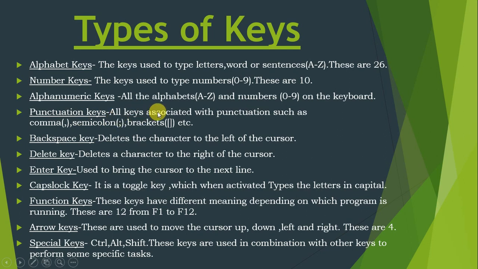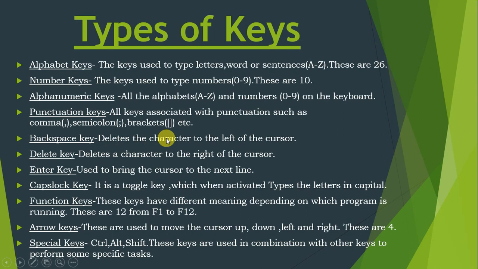Punctuation keys are the keys which are associated with the punctuation marks which you use in the English language also. Comma, semicolon, brackets, curly braces, exclamatory signs, all these are punctuation keys. And if you want to use these symbols, then you have to press the shift key along with the number keys which are available above the alphabet keys.